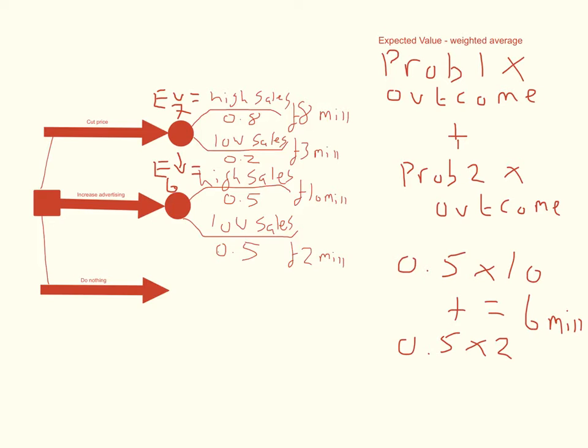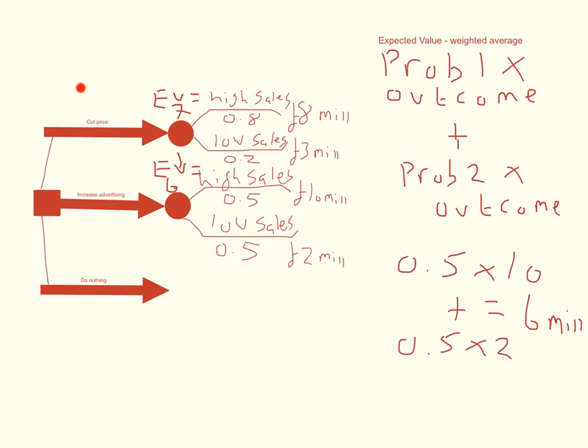Right, so we've now done the expected value. An important point to make is that the expected value is not the profit figure. This is the probability times the revenue, which has given us the expected value.